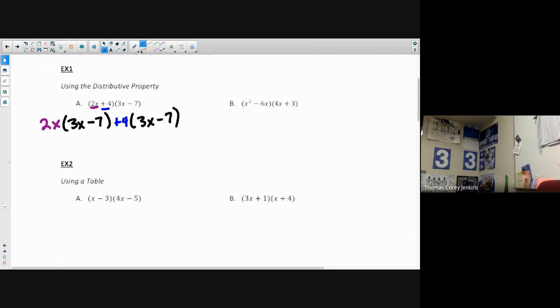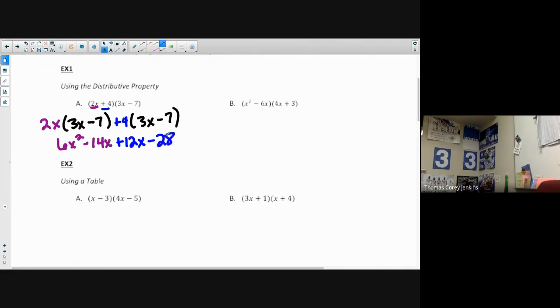All right, so what we end up with is 2x times 3x is 6x squared. 2x times minus 7 is minus 14x. Now to the plus 4, 4 times 3x is plus 12x. 4 times minus 7 is minus 28.